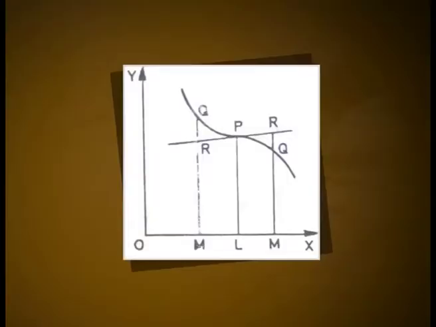Third, for inflection at P, RQ is positive when Q lies on one side of P and negative when Q lies on the other side of P as shown in figure 3c. Thus, we have to examine the behavior of the sign of RQ for values of x such that modulus of x minus c is sufficiently small.